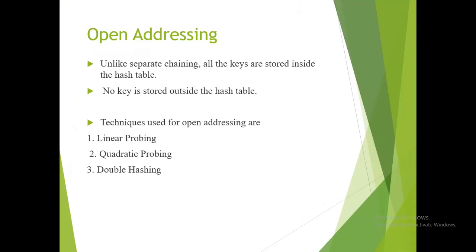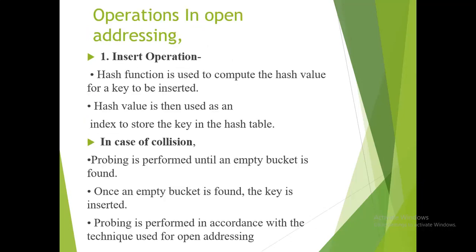Techniques used for open addressing are first, linear probing, quadratic probing, and double hashing. Operations in open addressing. First, the insert operation. The hash function is used to compute the hash value for the key to be inserted.